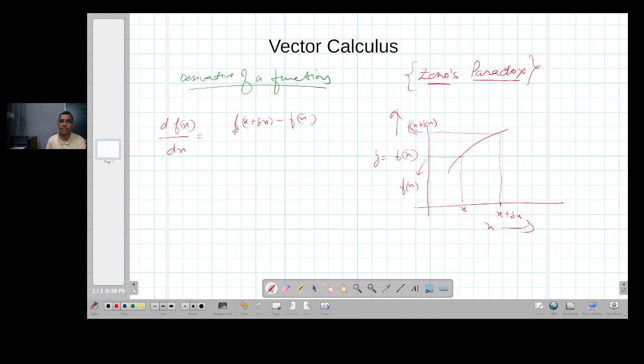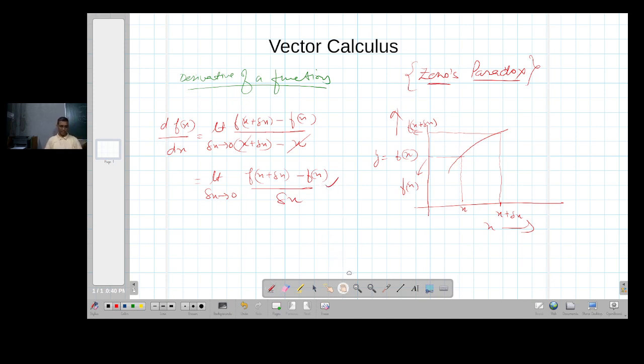So final minus initial, with respect to the change in the value of x, right? And if the limit of delta x, meaning a very small change in x, then we call this the derivative. So it is the limit as delta x approaches 0 of f of x plus delta x minus f of x divided by delta x. This is the definition of the derivative.